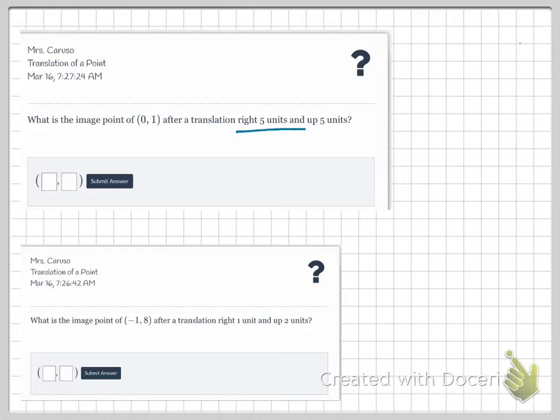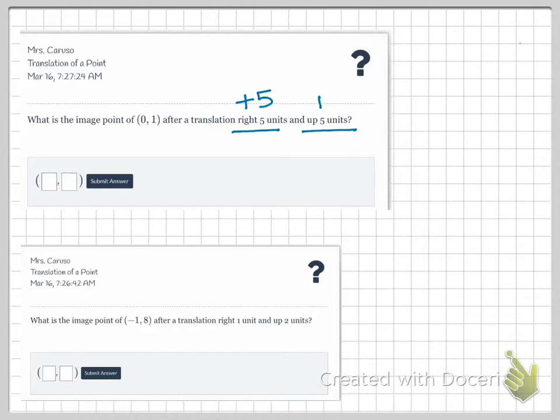Translating right 5 units and up 5 units. Okay, so right, is that positive or negative? You got it. Positive 5. And up, is that positive or negative?